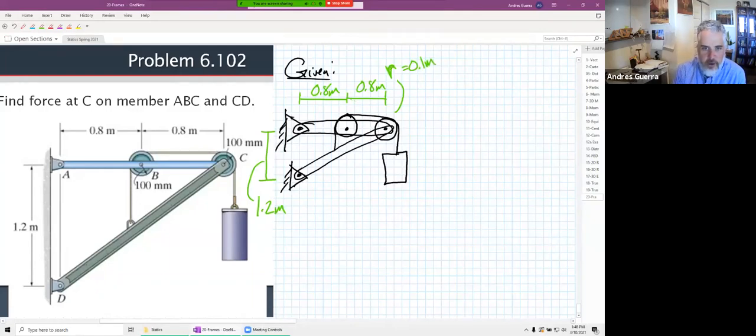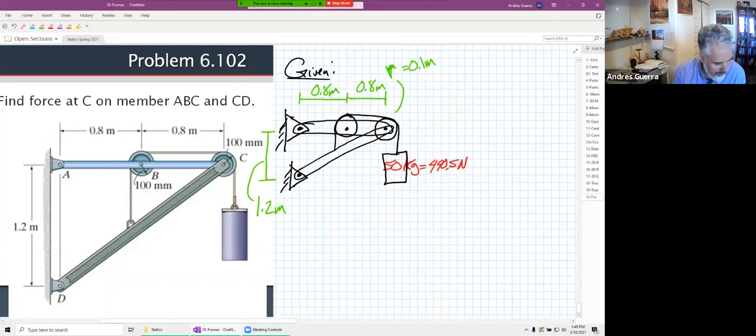And this is 50 kilograms, which is 490.5 newtons. Remember, if we're given stuff in kilograms, we have to convert it into newtons.